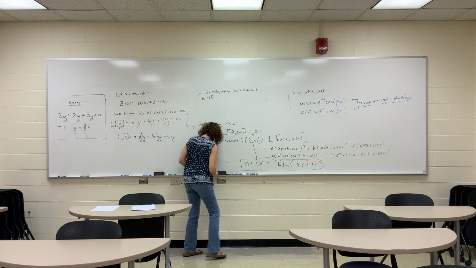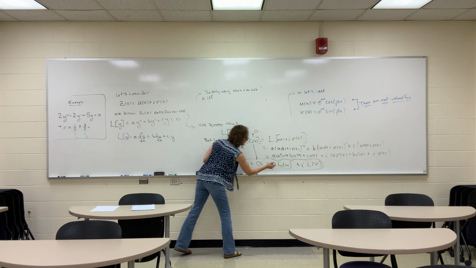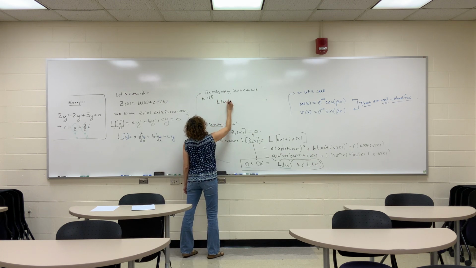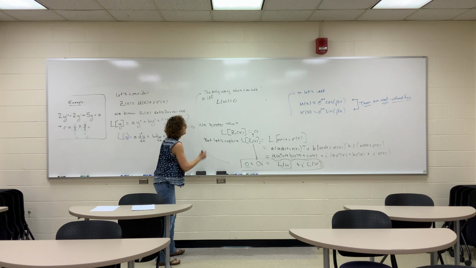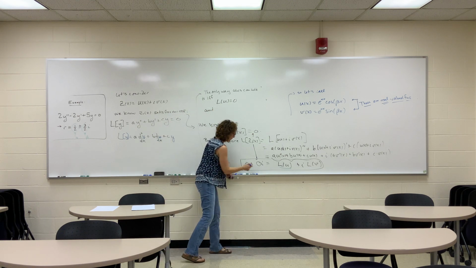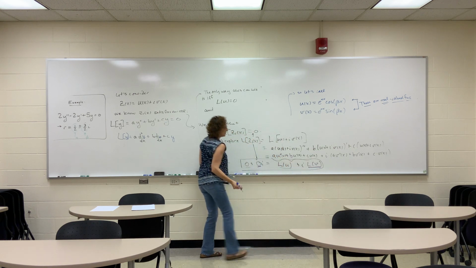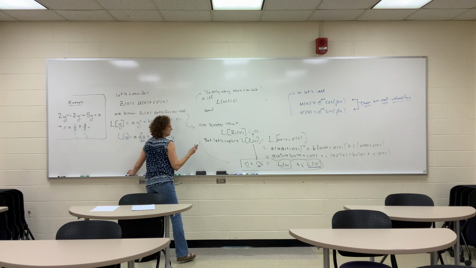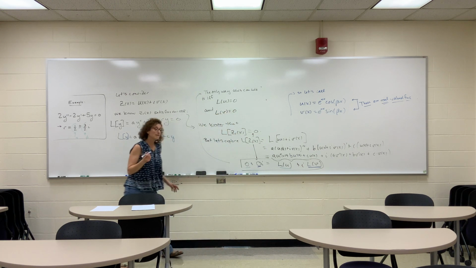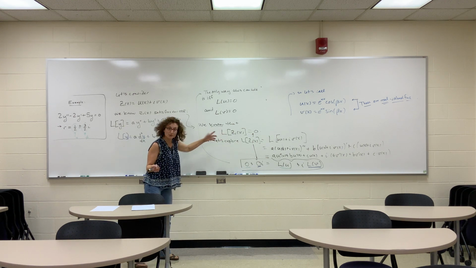Well, the real parts have to be the same: L of u is 0. And the imaginary parts have to be the same. The imaginary part is 0, and the imaginary part is L of v, right? It's the only way that's possible. And we know that had to be true because we knew z1 was the solution.